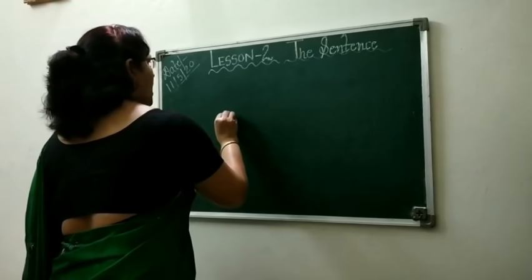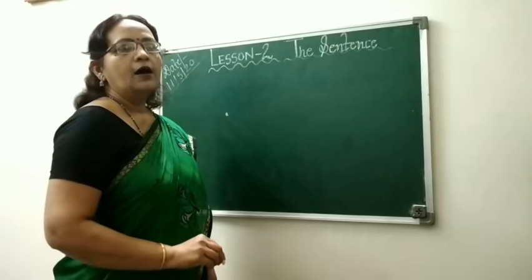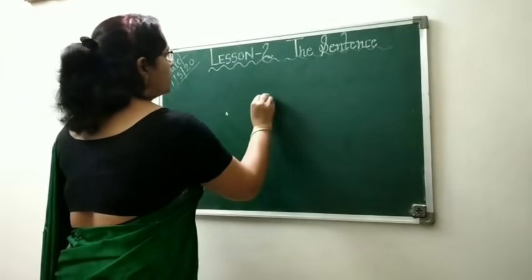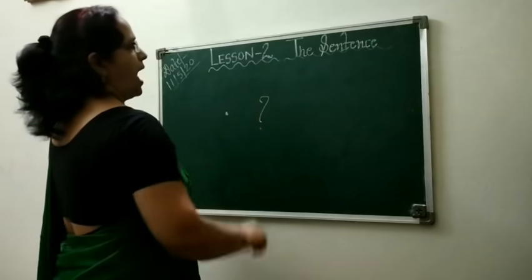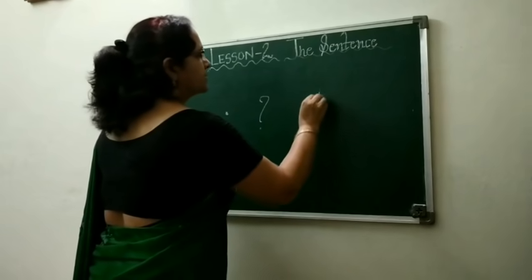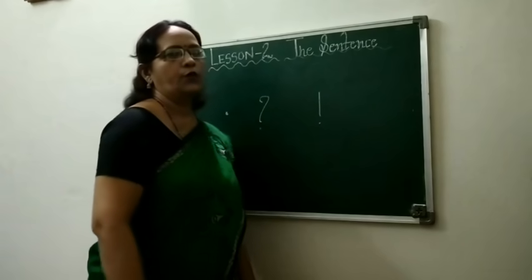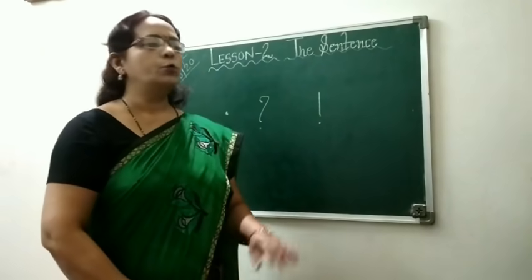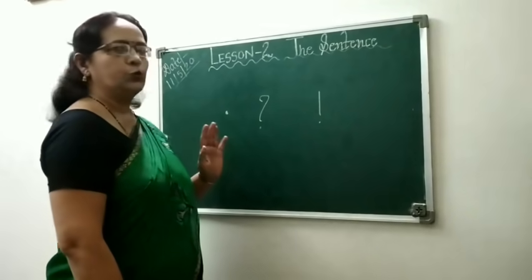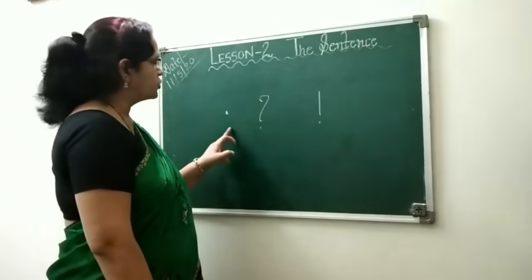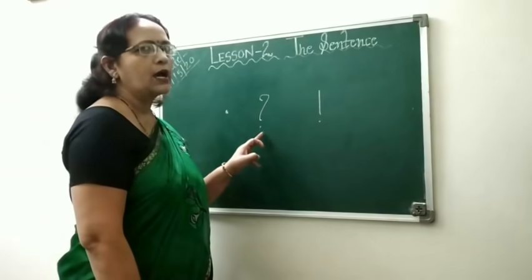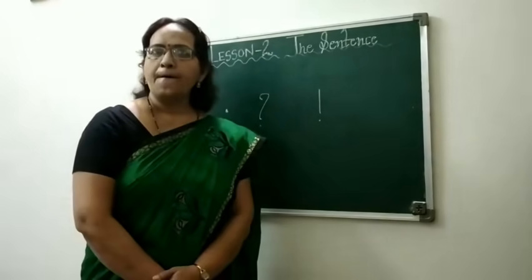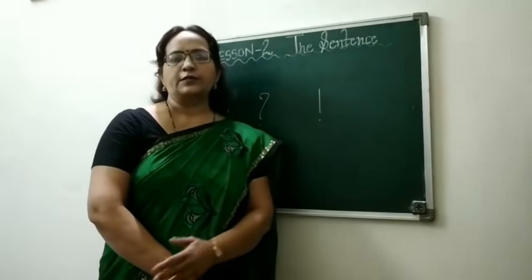I hope you know the full stop. Second is the question mark. And third is the exclamation mark. So it always ends with a punctuation mark such as a full stop, question mark or exclamation mark. It depends upon the sentence.